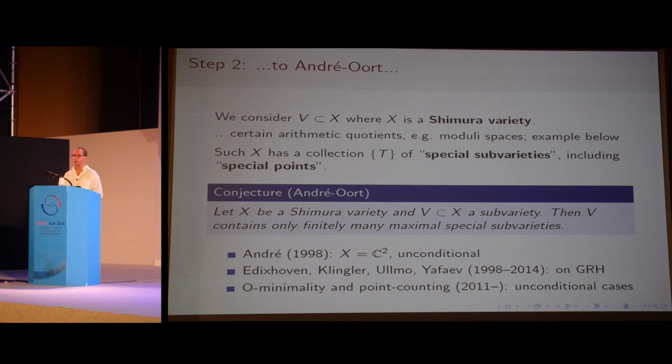Special subvarieties of dimension 0 are called special points, the analog of torsion points. The conjecture concerns the interaction between a subvariety V of X and the special subvarieties, and it takes exactly the same form as before. The Andre-Oort conjecture remains open in general, though it is known under GRH and unconditionally in various cases.